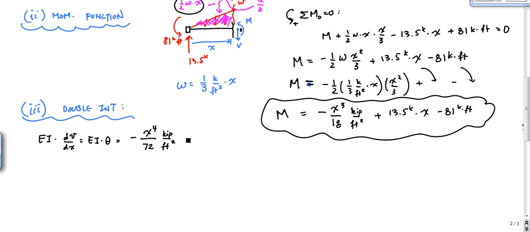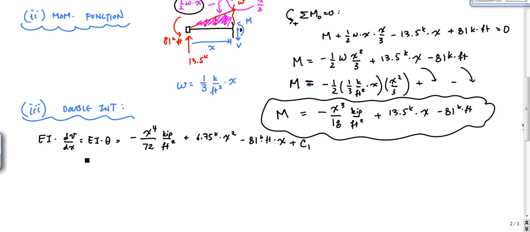Plus 13.5 divided by 2, which is 6.75 kip times x squared, minus 81 kip feet times x, plus a constant, I'll call that C1.